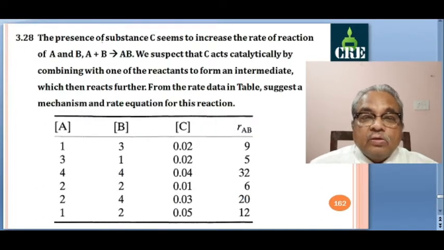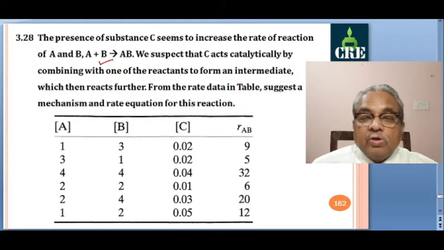Next 3.28. The presence of substance C seems to increase the rate of reaction of A and B. The reaction is A plus B giving you AB. We suspect that C acts catalytically by combining with one of the reactants to form an intermediate which then reacts further.